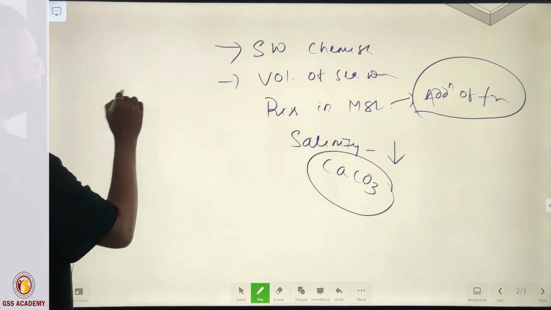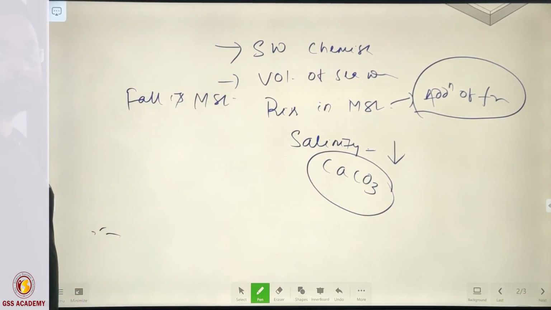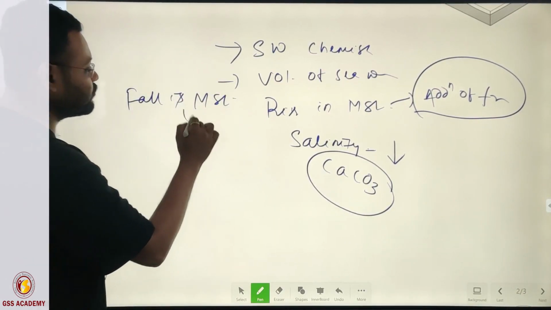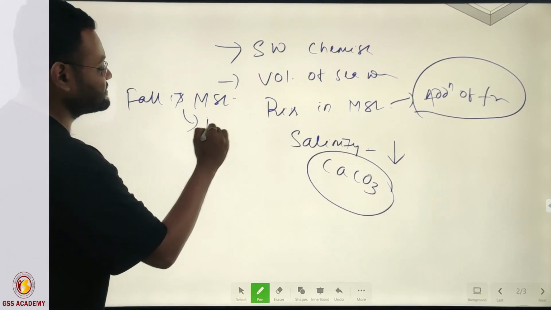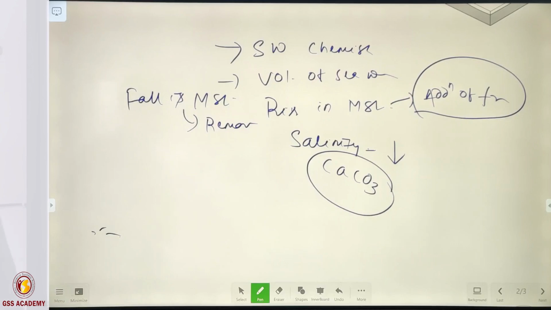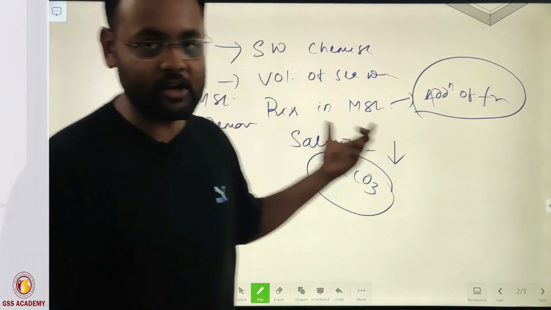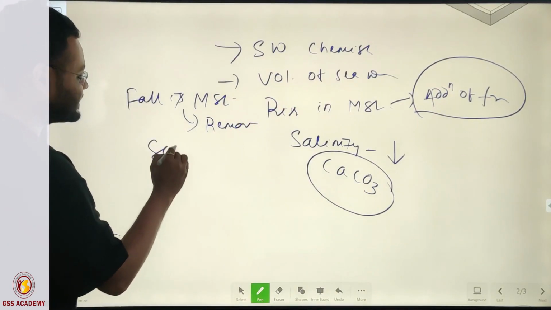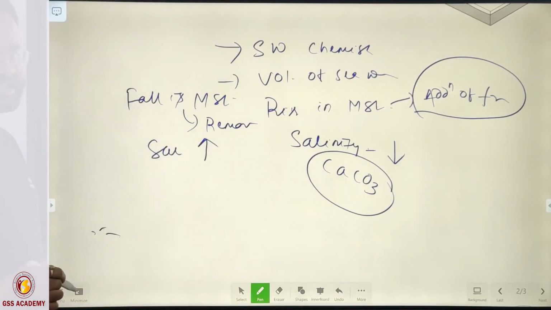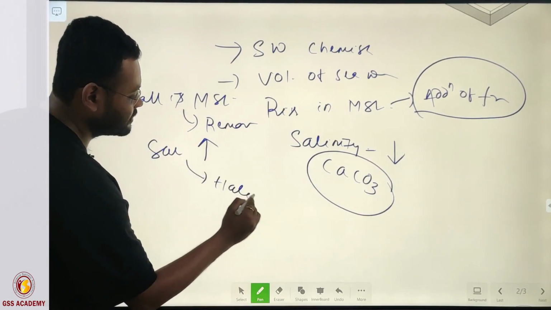Similarly, a fall in mean sea level means some amount of water from the open ocean has been removed from the system, so the salinity value will increase, and under this high salinity condition, halite will deposit.